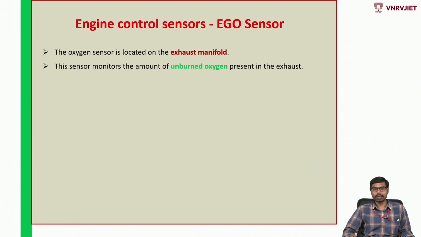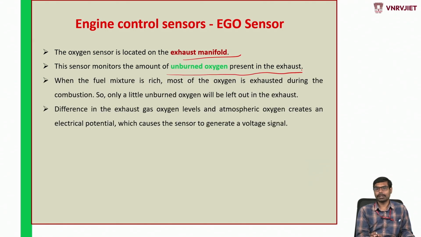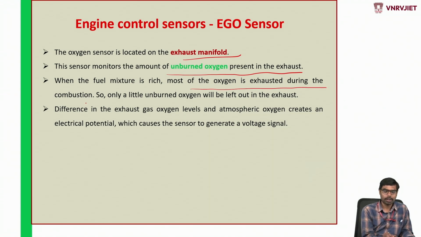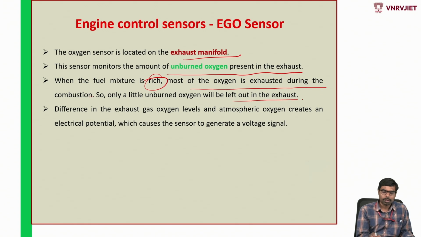The sensor is located in the exhaust manifold. It monitors the amount of unburnt oxygen present in the exhaust, as I already mentioned. When the fuel mixture is rich, almost all the oxygen is consumed during combustion. I already mentioned what a rich mixture means: enough oxygen is not present in the mixture, there is more fuel than required, so little unburnt oxygen is left in the exhaust.